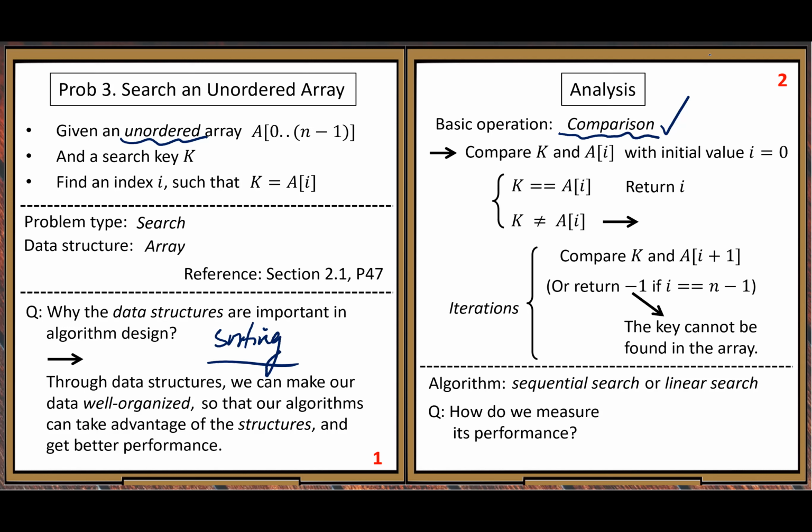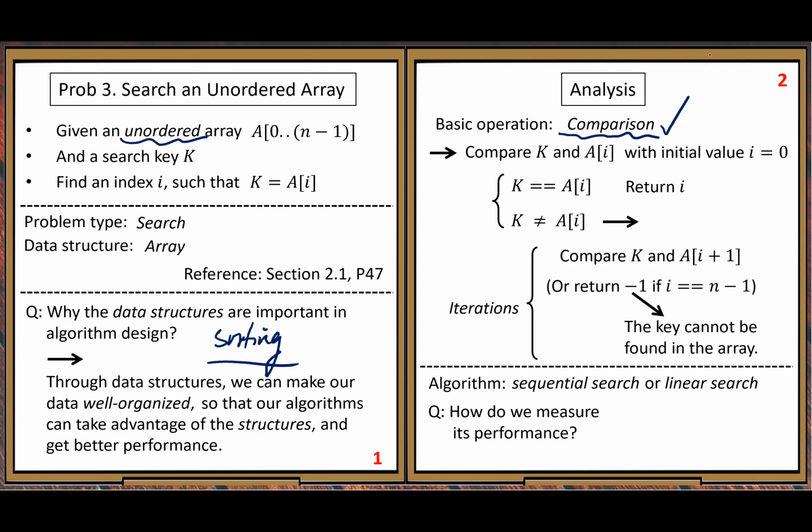So you need to do comparison with many elements in the array, and you may need to compare your search key with all the elements in the array. So here you have the best case and the worst case.